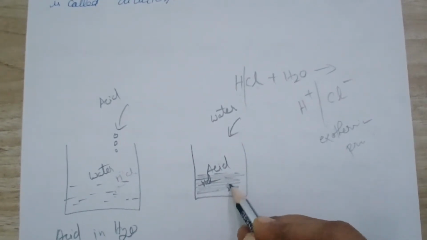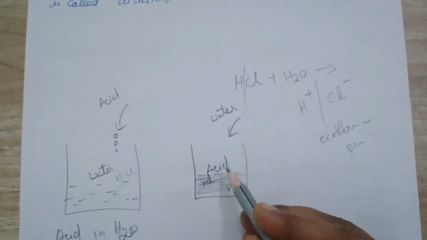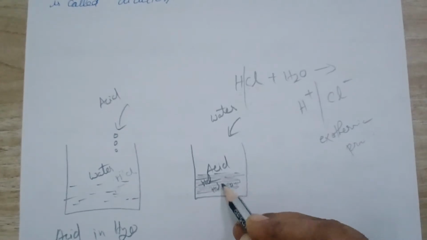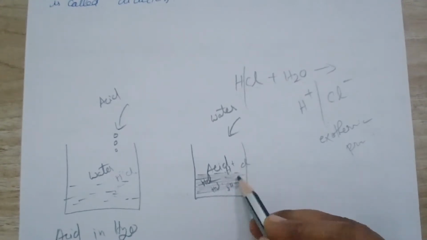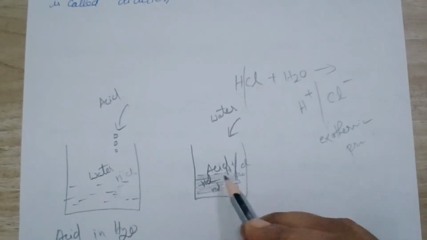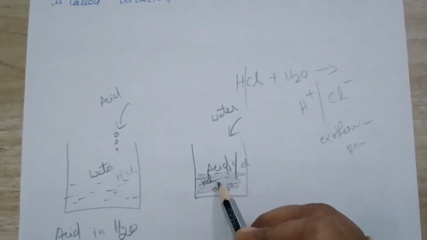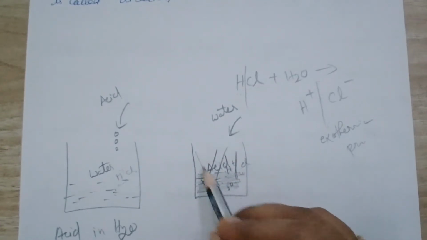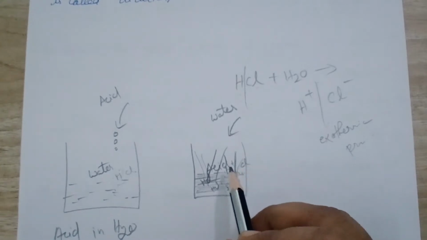For example, if 50 HCl molecules are there and you pour water, all the HCl molecules will ionize into H plus and Cl minus. For breaking all these bonds, so much energy will be released at a time that splashing of the acid will happen. Even breaking of the beaker may happen.